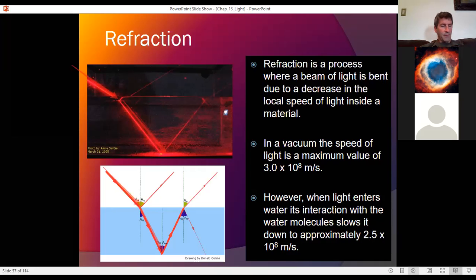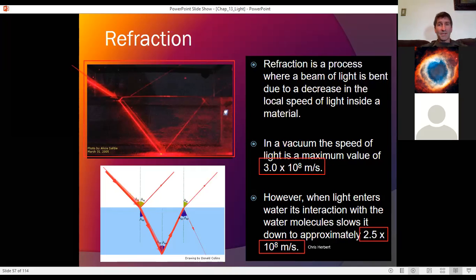Now, light travels at 3 times 10 to the 8 meters per second, incredibly fast. However, when light enters some other medium, such as water, as we can see up here, it actually slows down to 2.5 times 10 to the 8 meters per second.